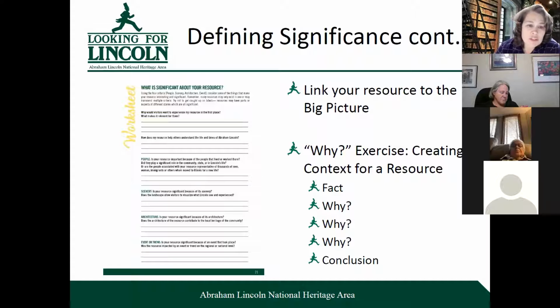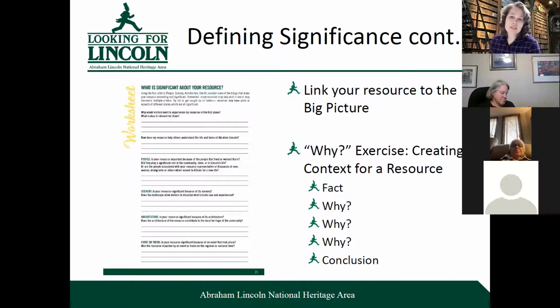It also gives you some questions about the people, scenery, architecture, and event or trend. What happened there? Why is it important? As you work through the worksheet, it'll generate ideas and help you clarify. I'm sure many of you already know why your site is significant, but it would be a good exercise to think about, well, what else could we be talking about?